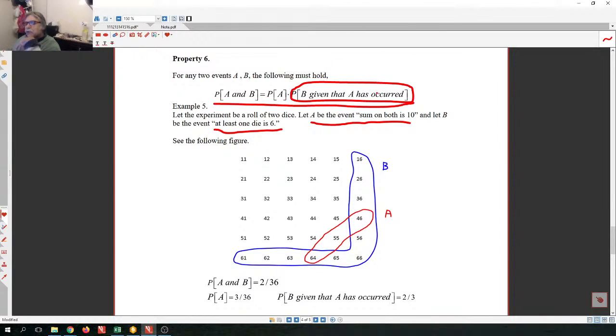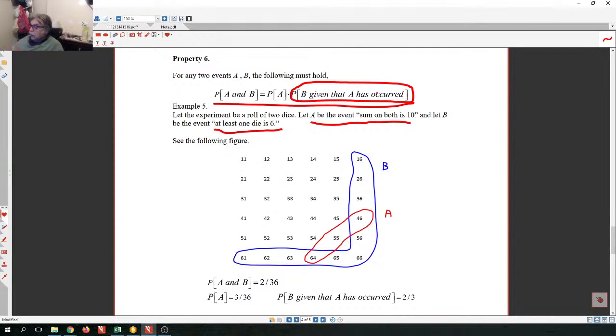That's what this means. It is a probability, but it's a conditional probability. I'm hiding 2 dice from you, but I'm telling you the sum is 10. What's the chance I have at least one 6?